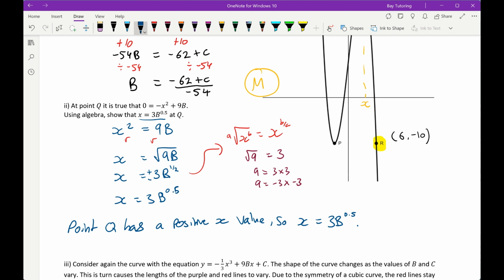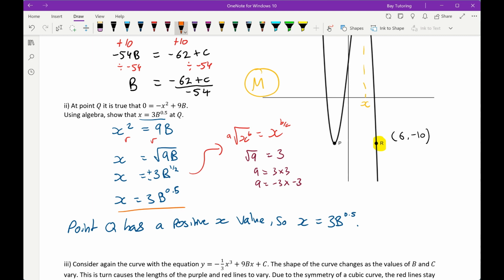So this is an excellence question. To get achieved, you have correctly solved the equation up to here, or you have left it as a square root, so you could have gone square root of 9b. That's achieved.